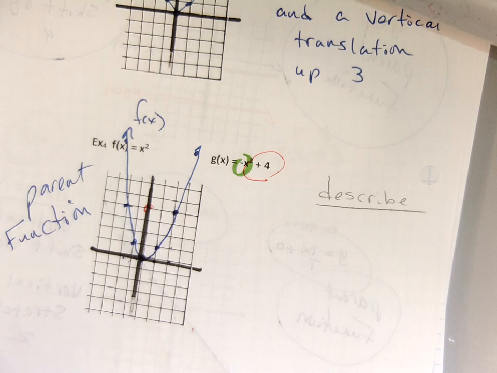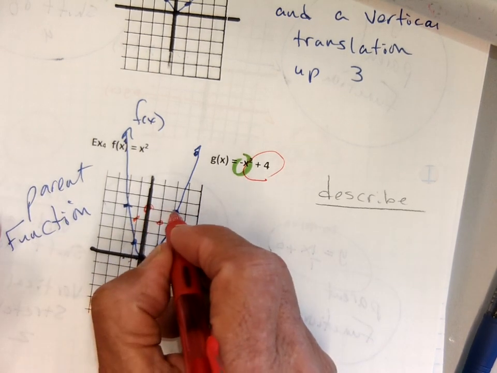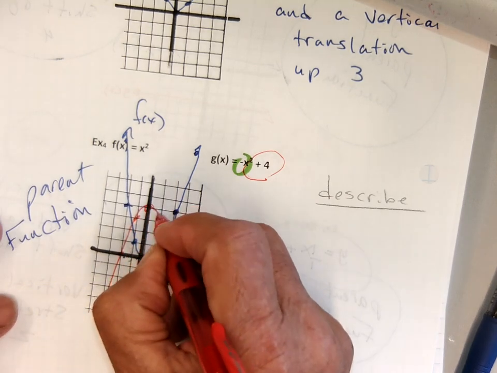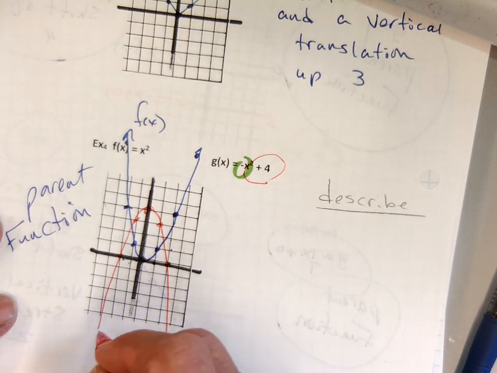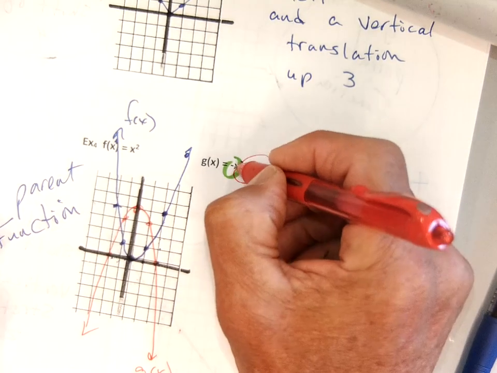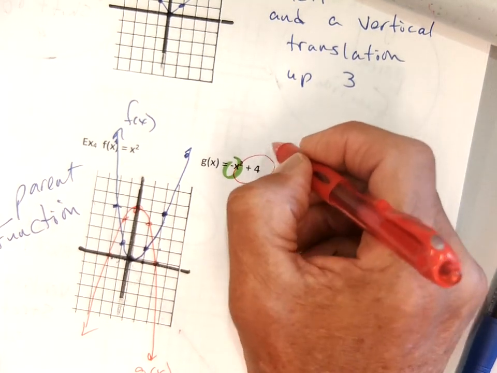It's going to reflect over the x-axis because all the x's become negative. So it's going to be upside down. So it's going to look like this. That's g of x. So the negative in front of the x makes it a reflection over the x-axis.